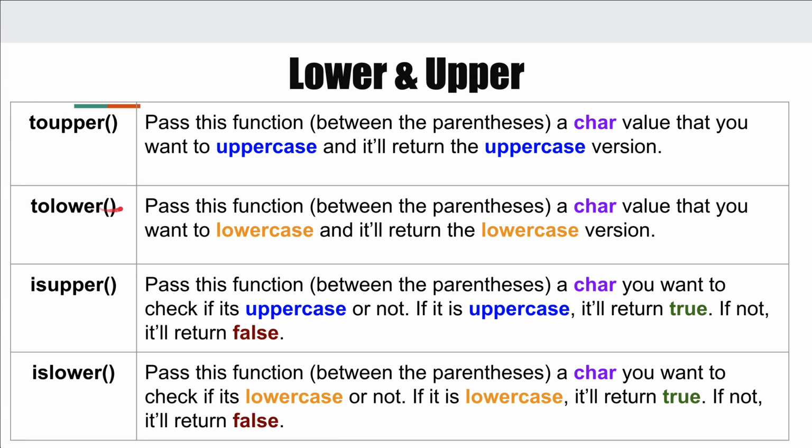You've got 2 upper and 2 lower. With toupper, you pass a char value that you want to uppercase, and it will return the uppercase version. That's kind of cool, right? If they type in yes with all lowercase, and you want the Y to be uppercase for whatever reason, or, here's a better example.